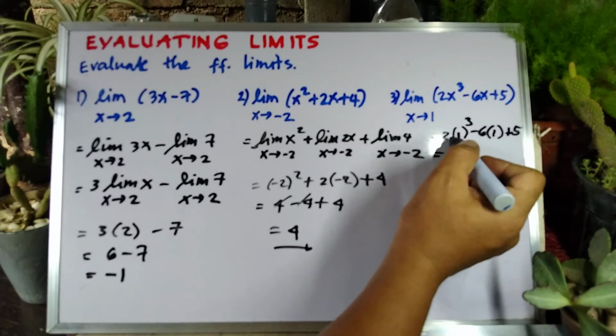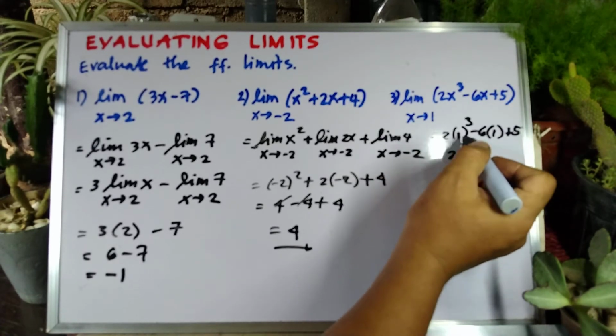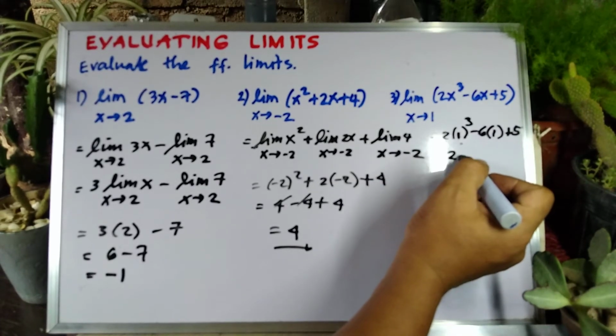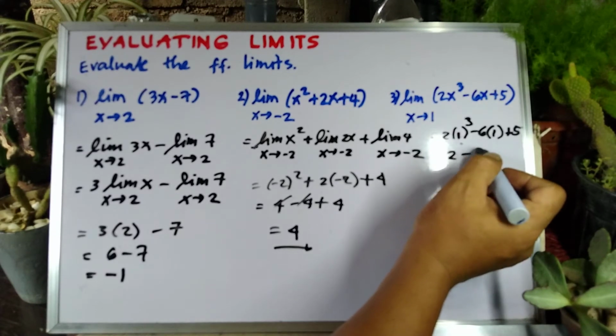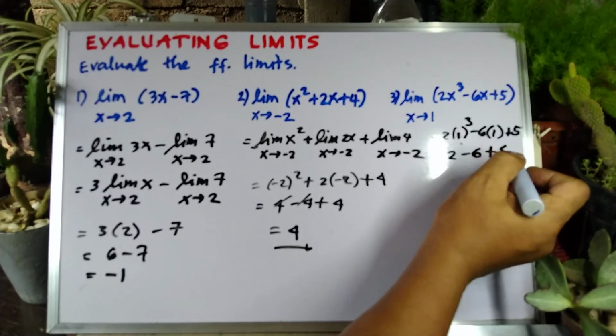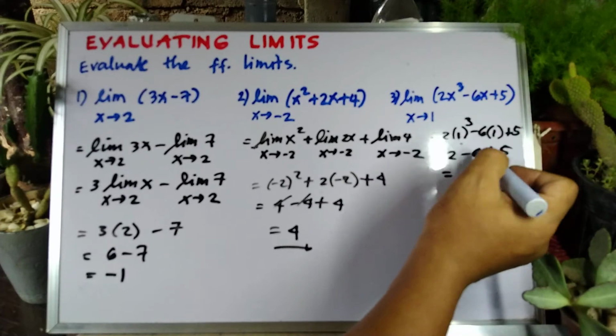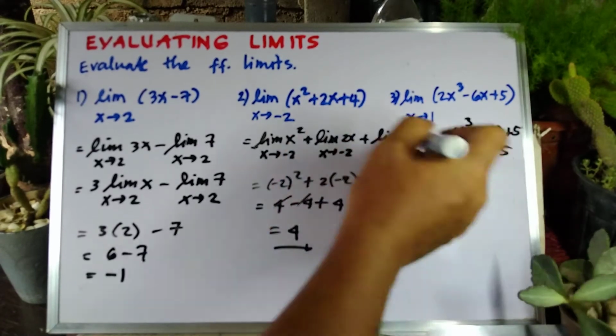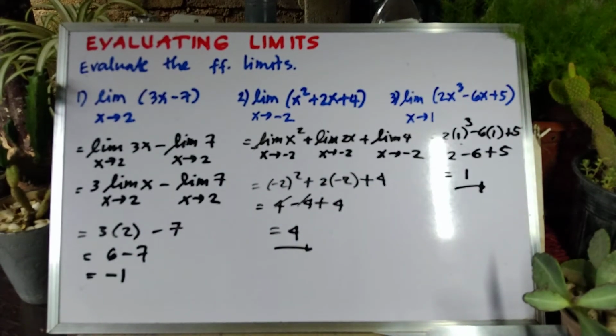So, this is 2 times 1, so just 2. Minus 6 plus 5. So, 7 minus 6, you have 1. Easy, right? That's how we apply this.